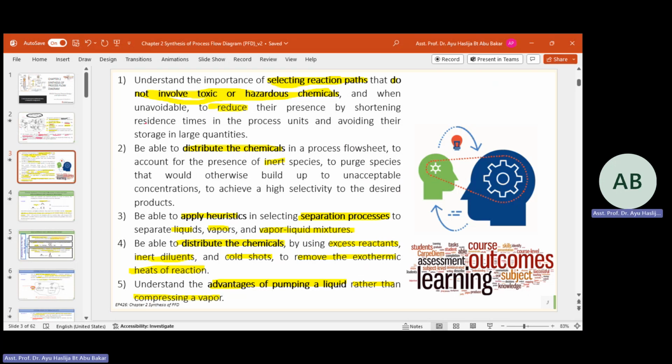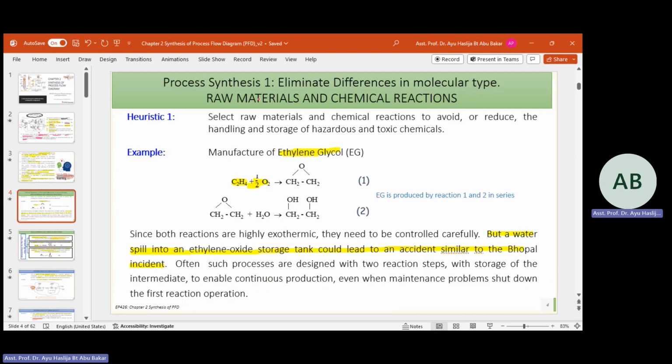These are again the steps. Now we move to point number 1, which is to eliminate differences in molecular type. It involves your raw materials and chemical reaction. This involves selecting the alternative process.